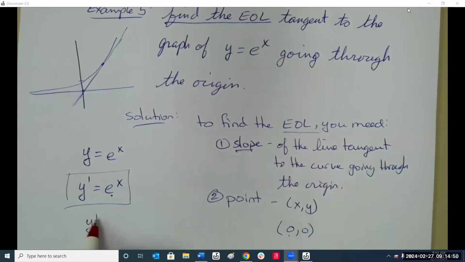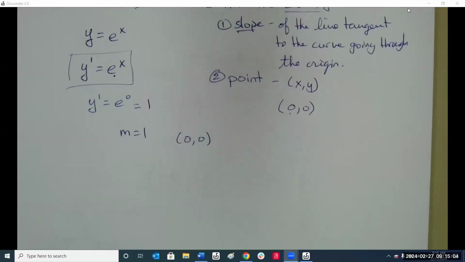So the slope is e to the power 0, which is what? So my slope is 1, and my point is 0, 0. How do you find the equation of a line now?